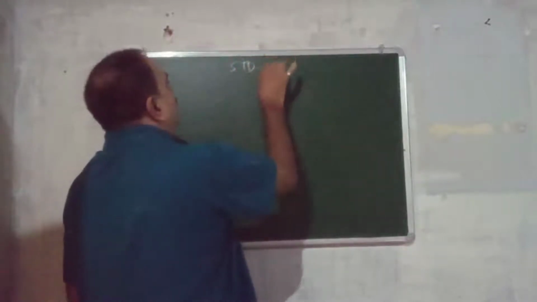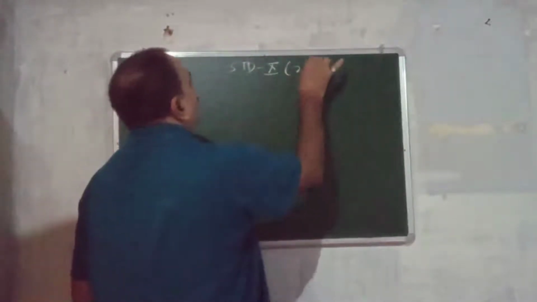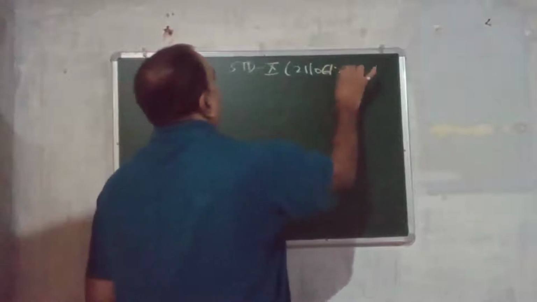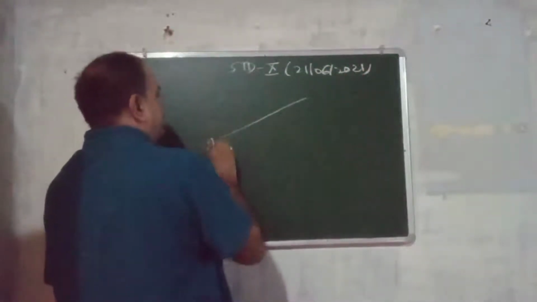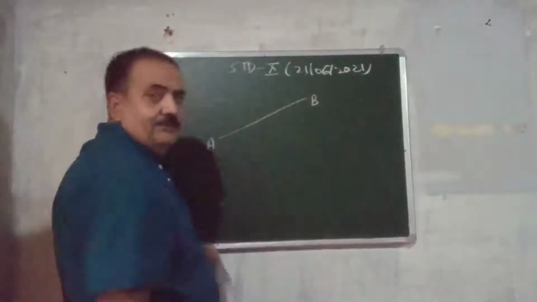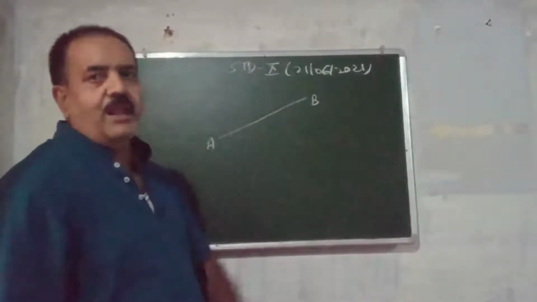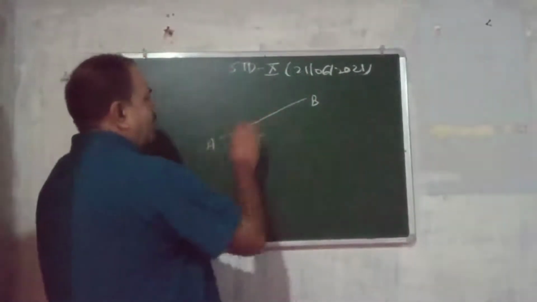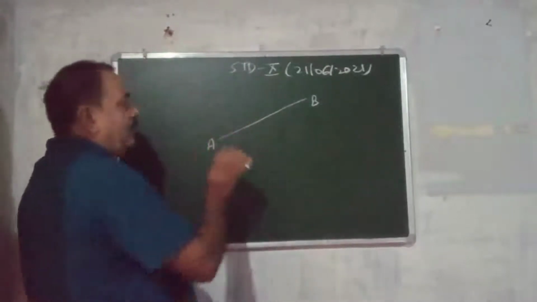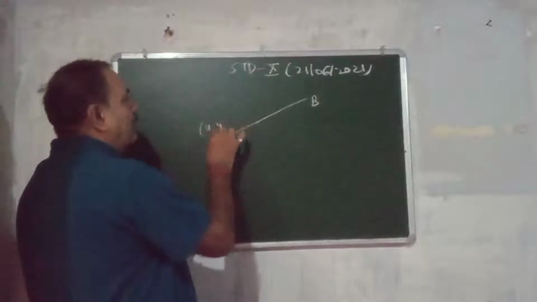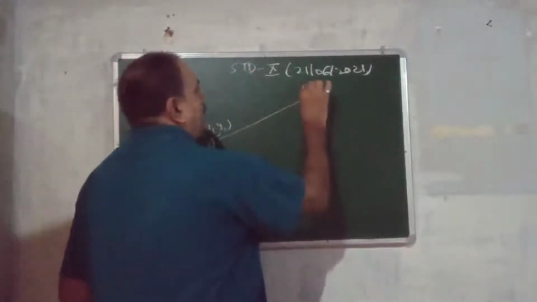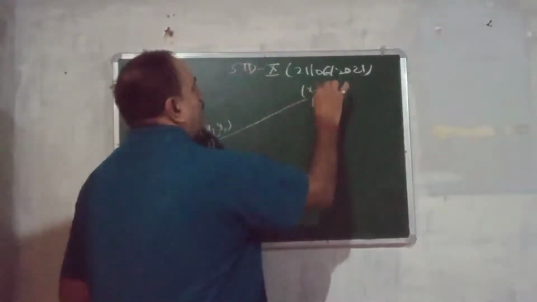AB is a straight line. The coordinate of A: x coordinate is x1, y coordinate is y1. The coordinate of B: x coordinate is x2, y coordinate is y2.